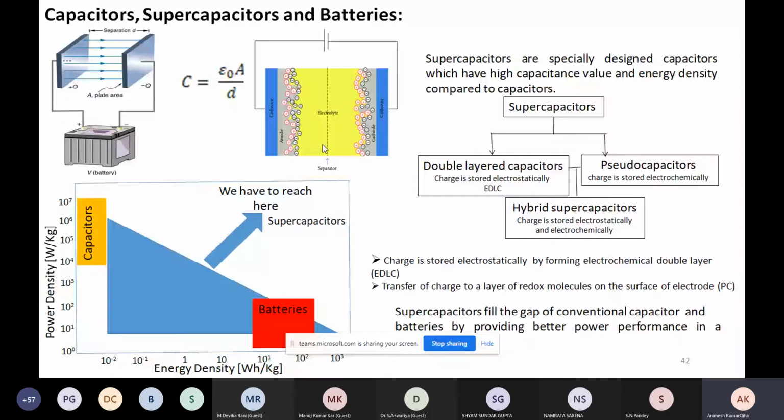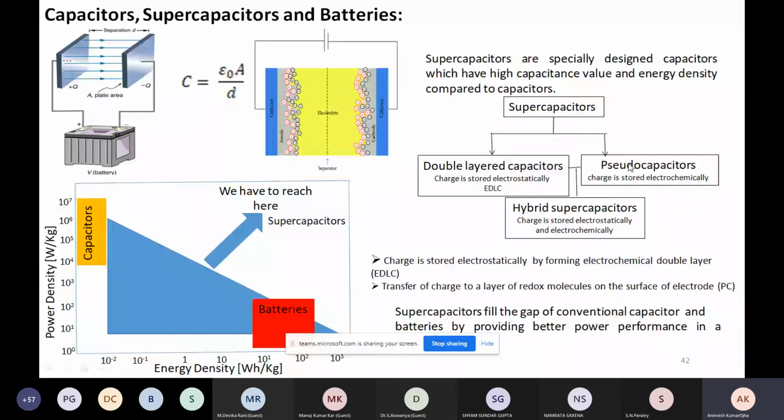In this pseudo capacitor, the transfer of charge takes place through redox molecules on the surface of the electrode. This is different from the EDLC, and therefore it is known as a pseudo capacitor. I'm not going into that detail because you can find it in many review papers where these are well defined.